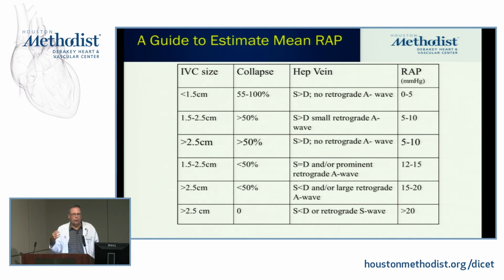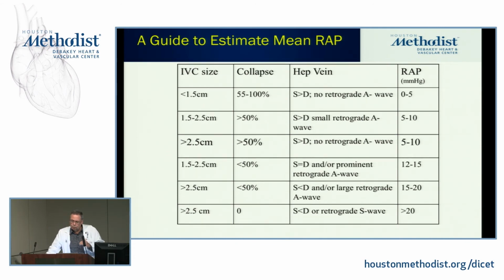Okay? Because when you are in atrial fib, 90% of people will lose the S velocity anyway. So they all are going to look like high RAP. So in atrial fib, in transplant patients, in pacemakers and things like that, we really end up only being able to apply IVC size and degree of collapse, unfortunately.